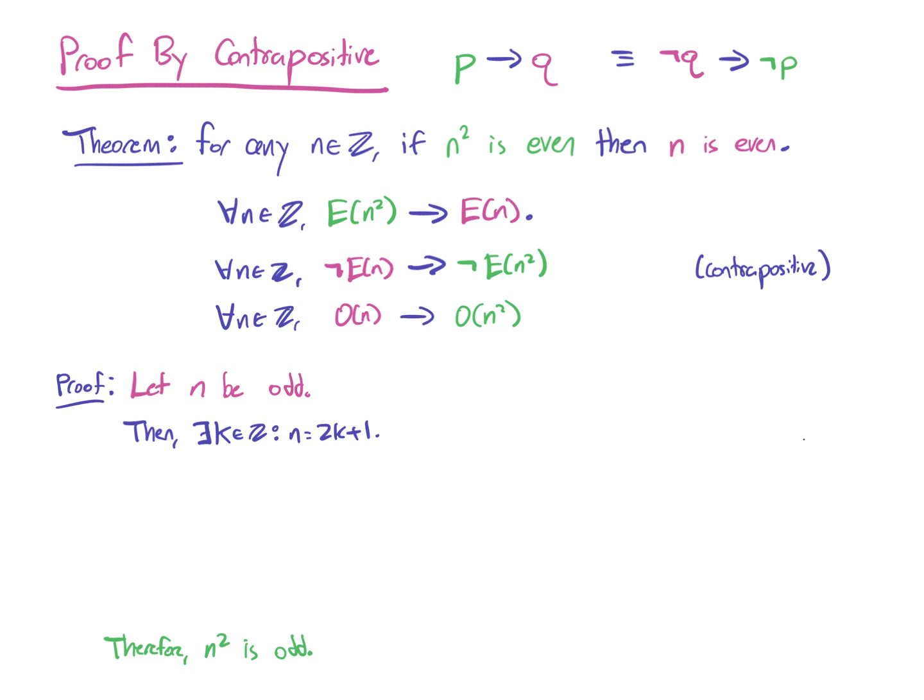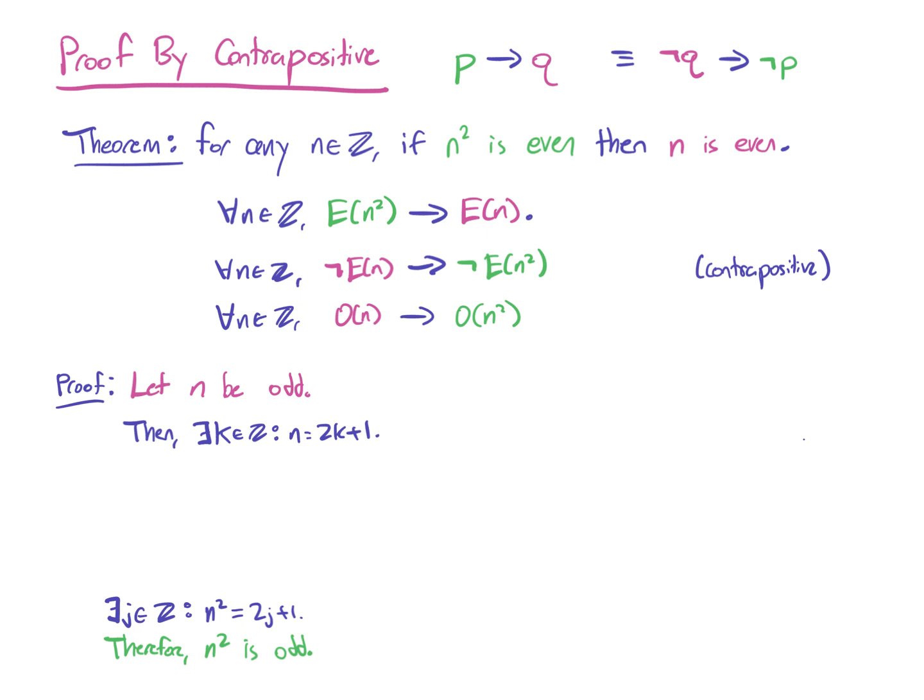And we want to show, so our definition of the conclusion, which I'll write right above, is that there exists a j in the integers such that n squared is equal to 2 times j plus 1. So let's see if we can connect these two pieces. I'm going to try to go from the definition of my premise down to the definition of my conclusion.